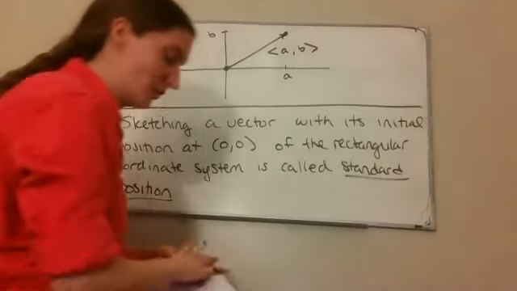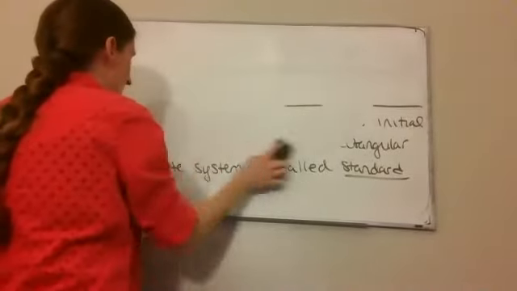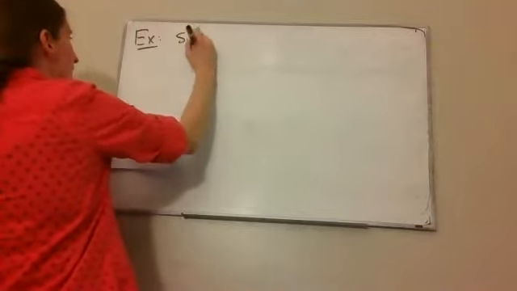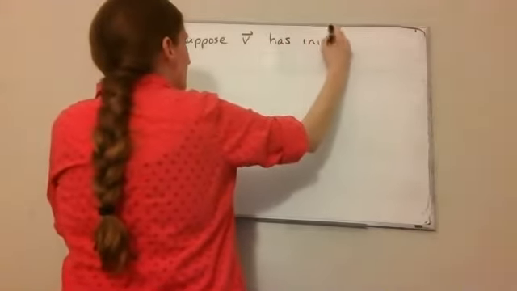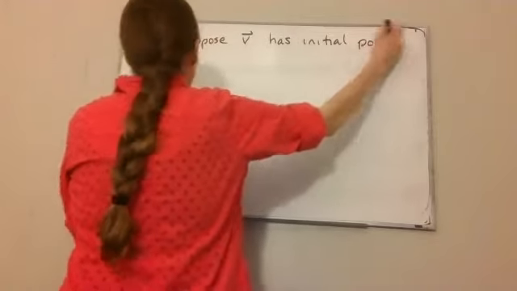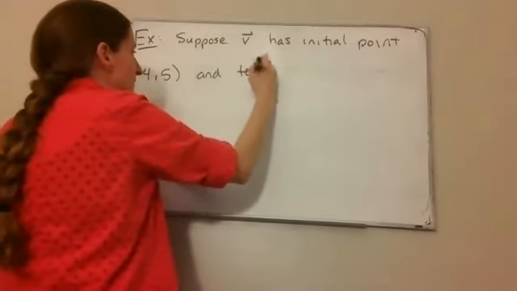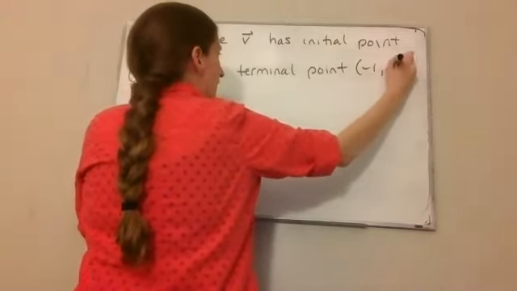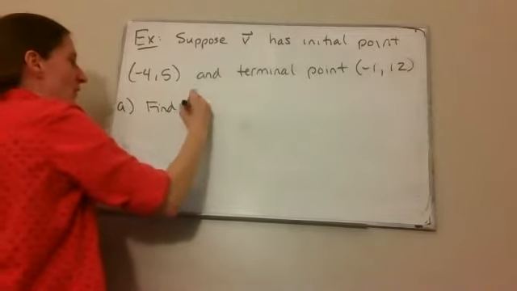All right, let's do an example using all of this information that we've just taken in. Let's suppose that vector v has initial point -4, 5, and terminal point -1, 12. First thing we're going to do is find the component form of v.